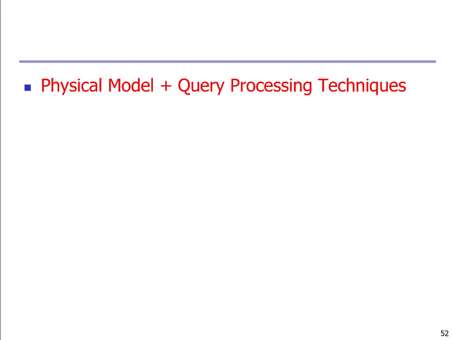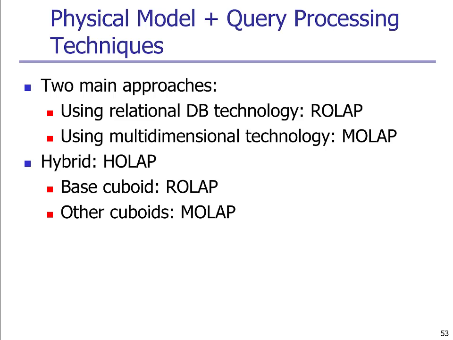Before, we have discussed the conceptual model and the logical model, which are the schemas. Now let's look at the physical model and the query processing techniques. There are two main approaches.